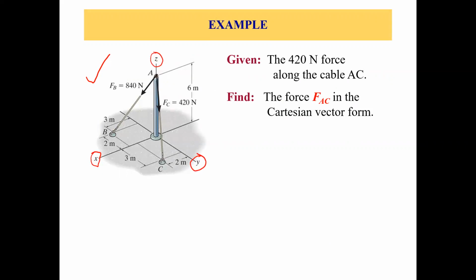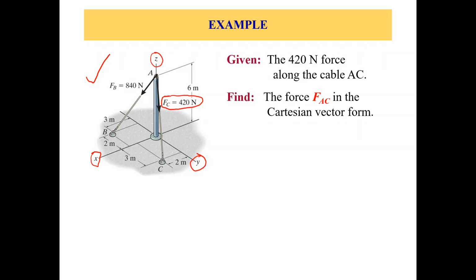Now what is given? A 420 newton force along the cable AC. So we are talking about this force, let's say F sub C, which is 420 newtons, shown by this black arrow along the line AC, or cable AC.